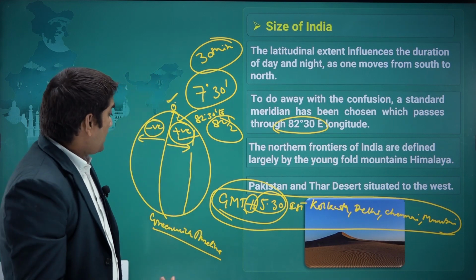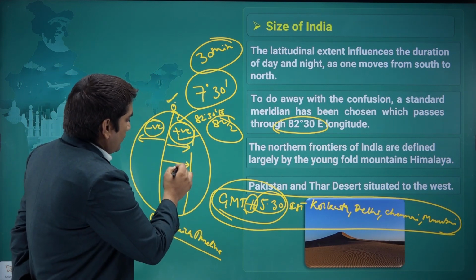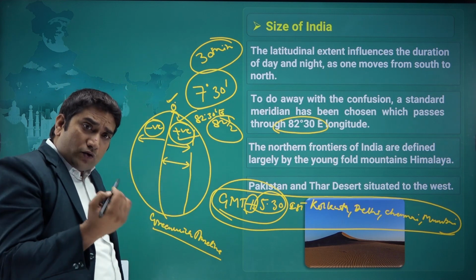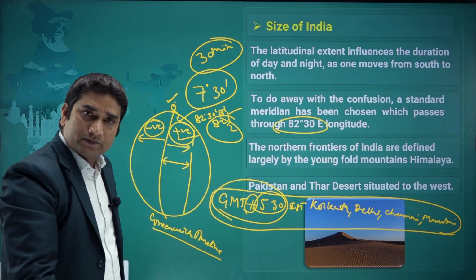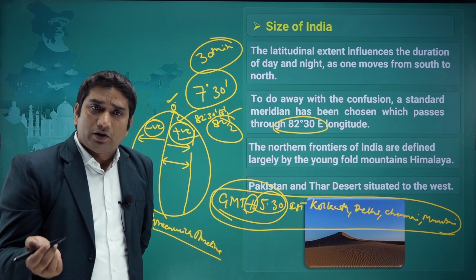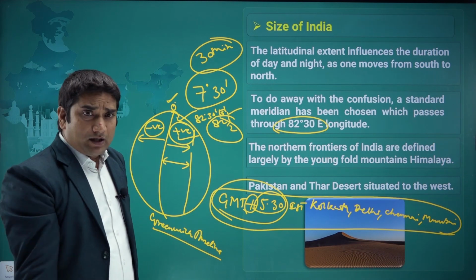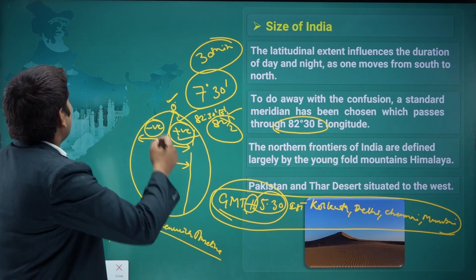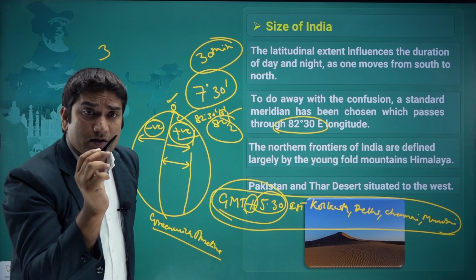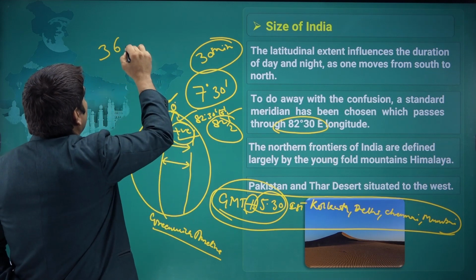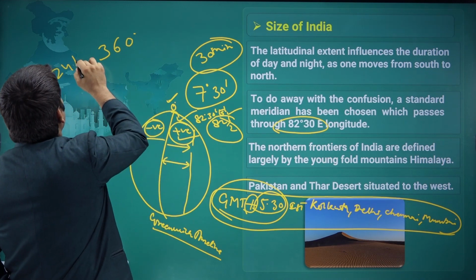So see students, from 0 to 82 and half, the longitudinal gap is again 82 and half. Now how do we calculate the time? We all know that Earth rotates 360 degree in 24 hours.